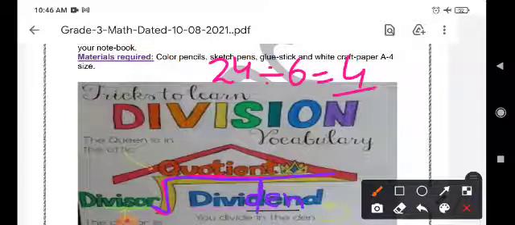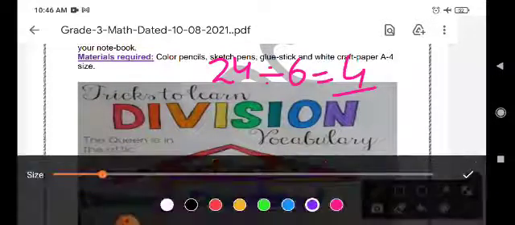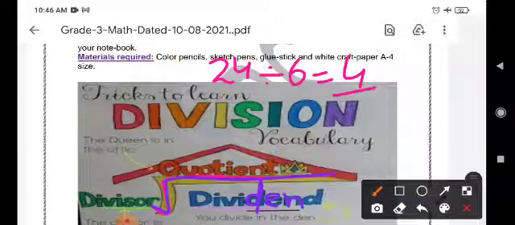And which is the large number you will make to sit here? That is 24. 24 is the dividend. It is the number that will be divided.